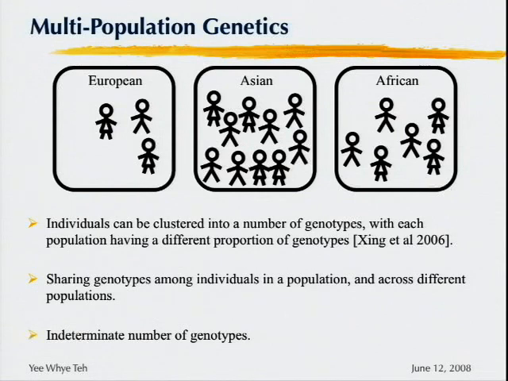Of course, populations are never the same, so different populations might have different proportions of the different types of genotypes in the human race, I guess. So again, for each population, we want to cluster individuals into different genotypes. The genotypes are shared across multiple populations. And we also want to determine the number of genotypes.